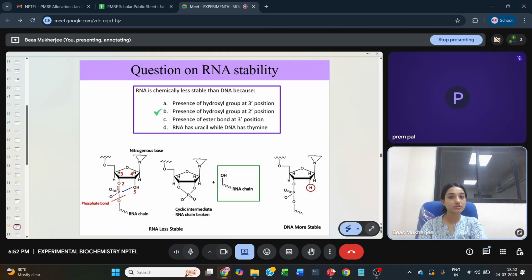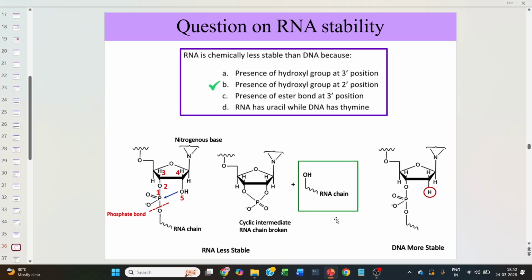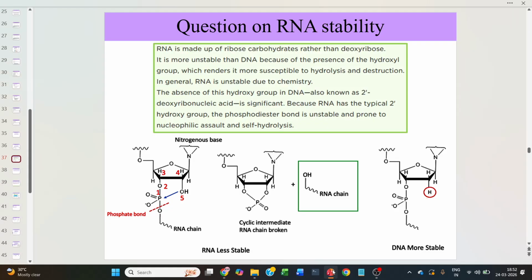That is what makes it so susceptible to degradation, right? And this cyclic intermediate is getting formed because of that. 2' OH is the culprit.